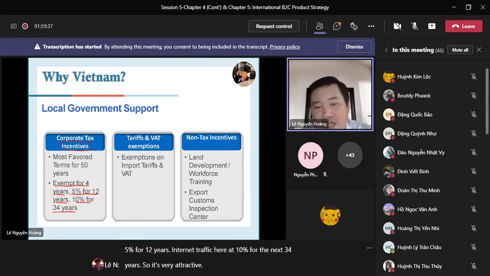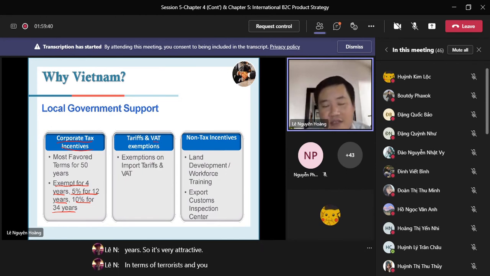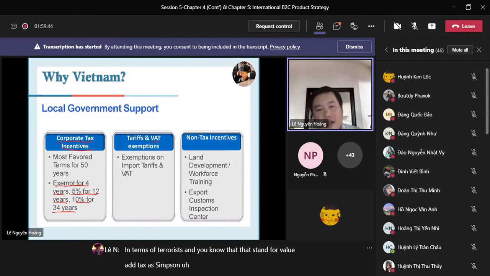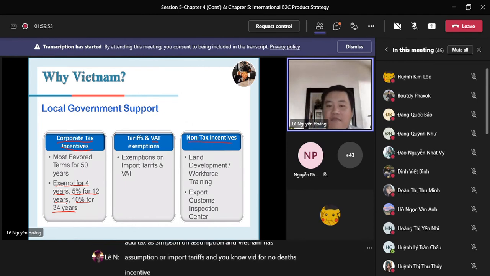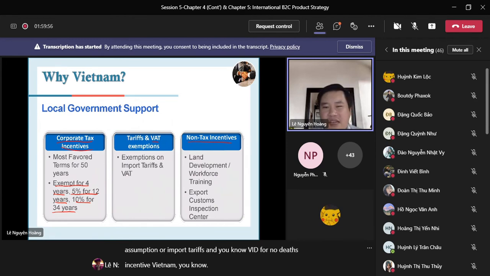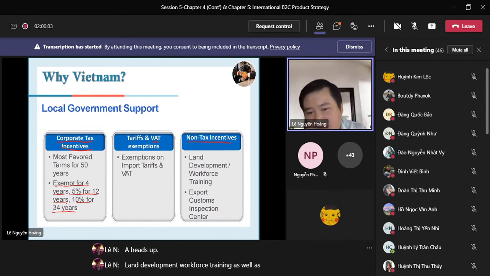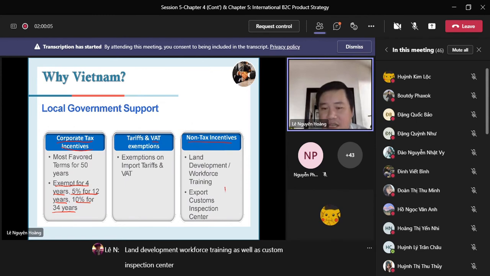In terms of tariffs and VAT, which stands for value added tax, Vietnam has exemptions on import tariffs and VAT. For non-tax incentives, Vietnam has land development and workforce training, as well as export customs inspection centers. So it's easy to export Samsung products to other countries.